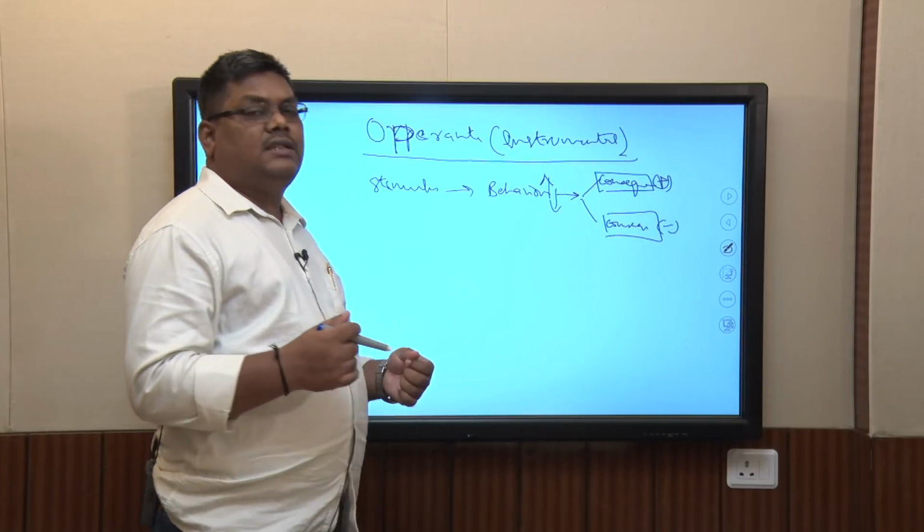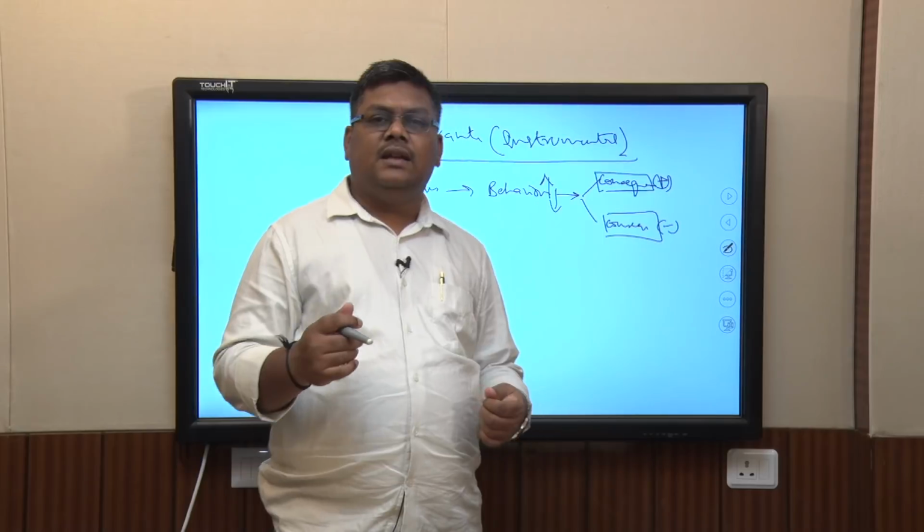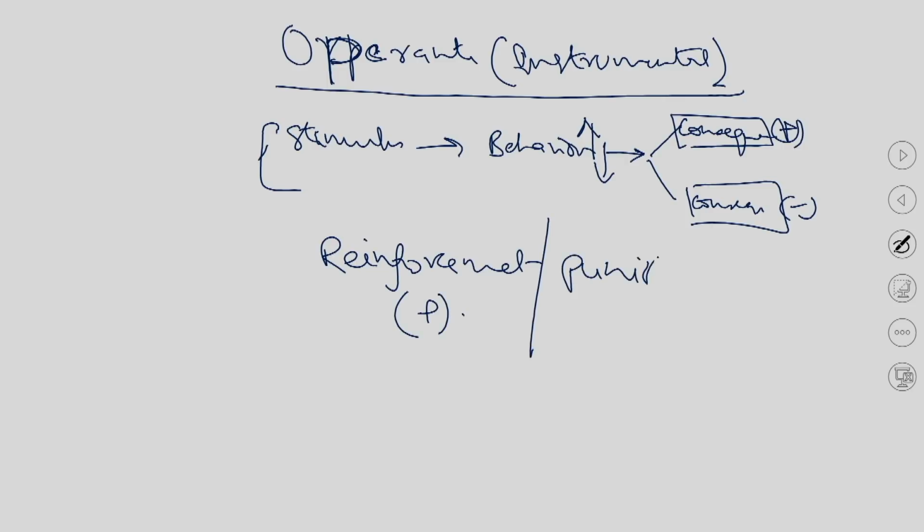These consequences are of two types: in operant conditioning they can be either reinforcement for positive consequences or punishment for negative consequences.